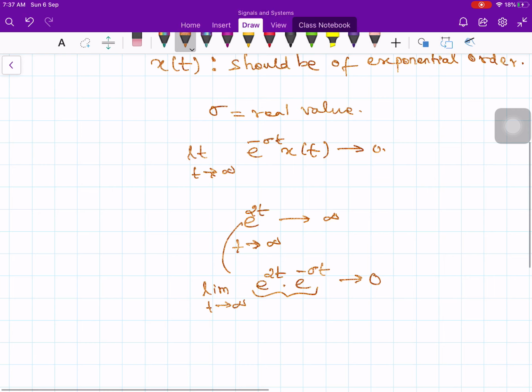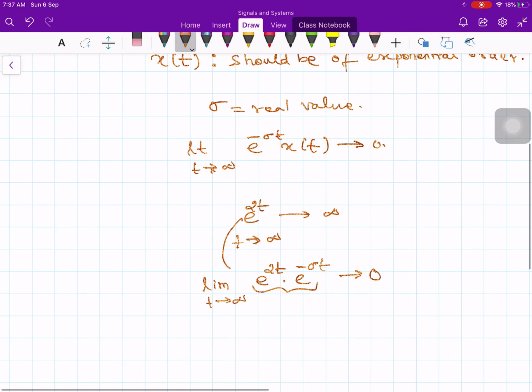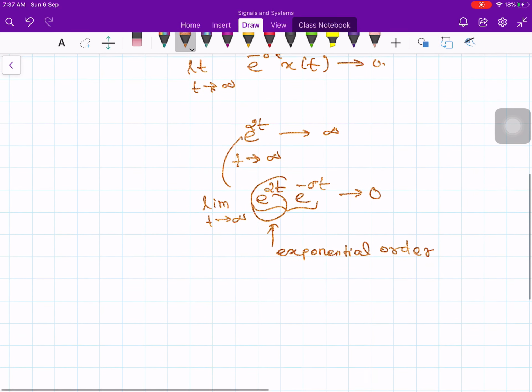So x of t should be of exponential order. That's what we mean. Now we will take up the Laplace transformation of important functions of time.